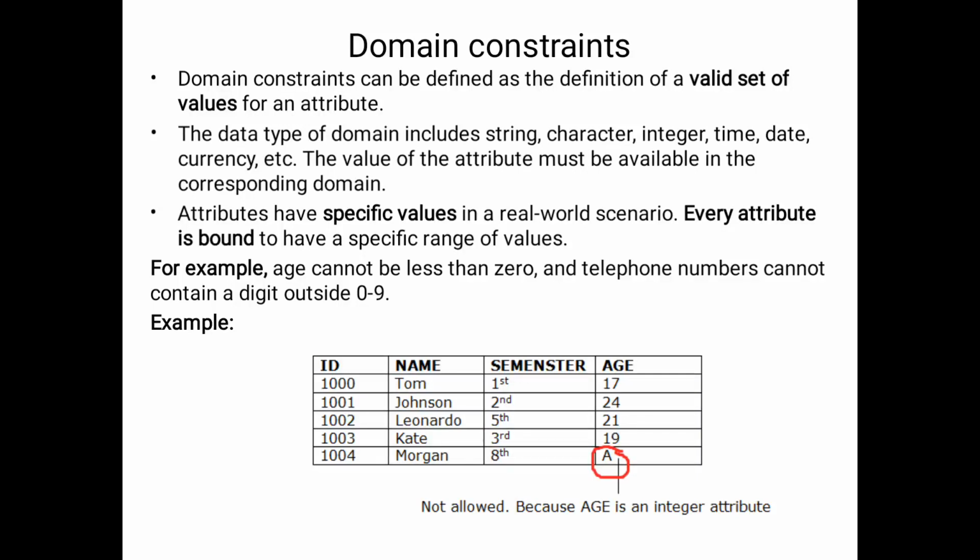The data types of these columns are id as integer, name as string, semester as integer, and age as integer. Here the last field in the age column is filled with a character. The character is not allowed because age is an integer attribute.